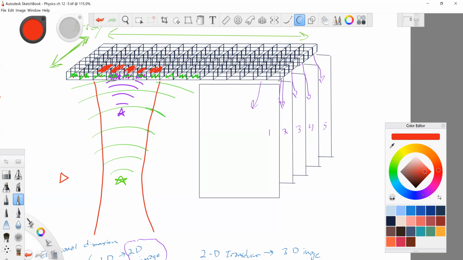But on the other hand, this focus here perhaps only used, let's just say 1, 2, or 3 elements to create the focus there.